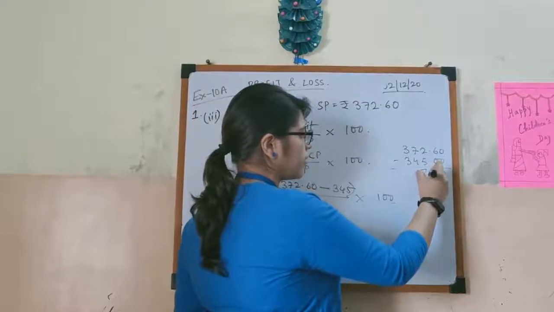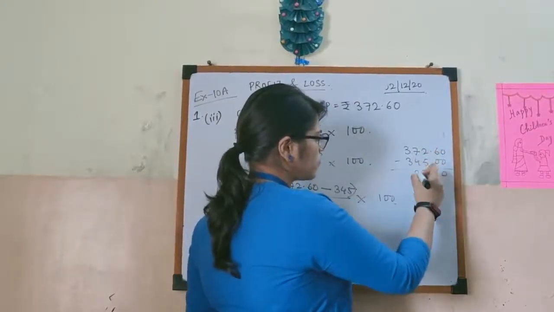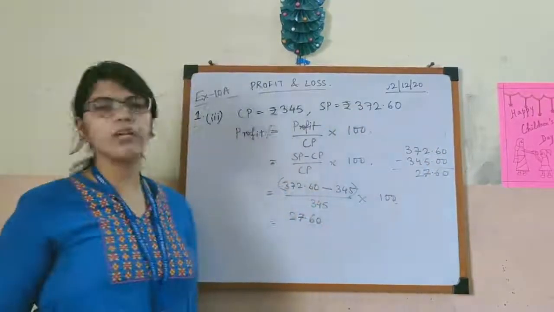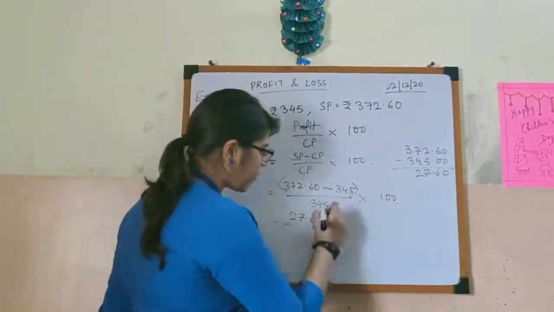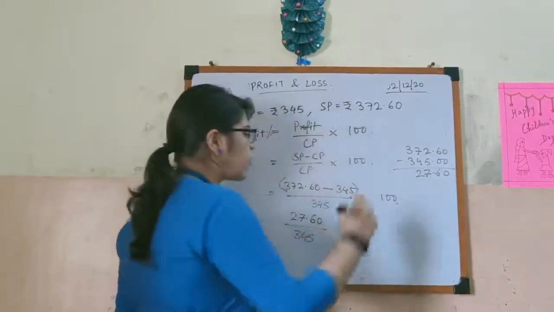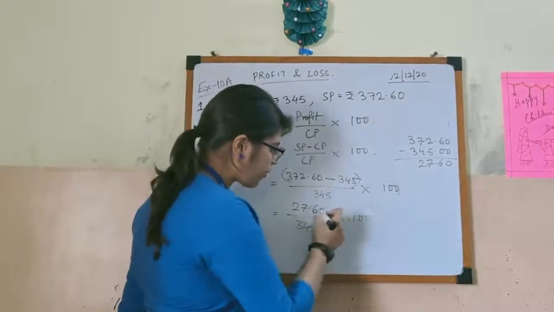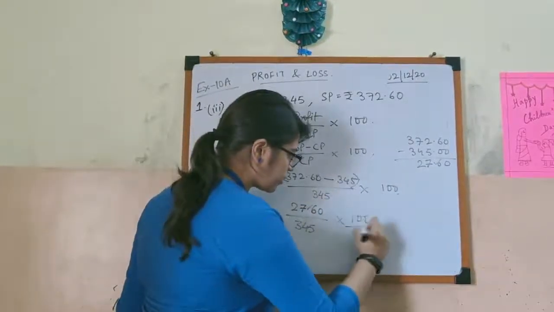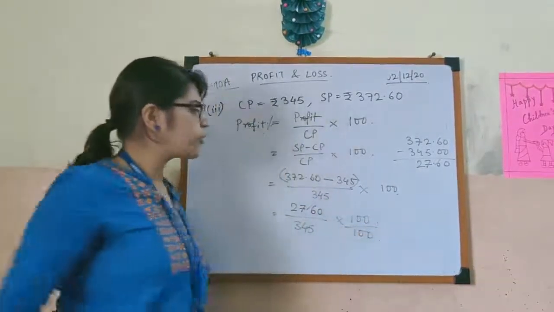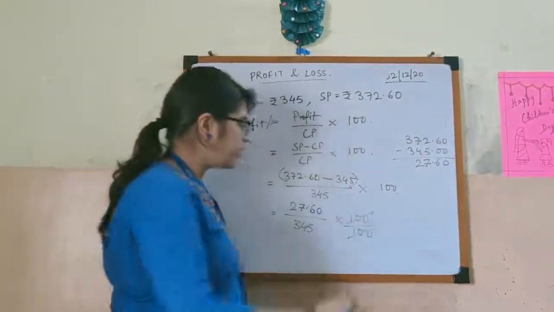Then 5 to 7 is 5 to 2 is 7, 2. Okay, so 27.60 divided by 345 into 100. Now if I want to remove the point, I have to divide this number with 100. So in the denominator also we are getting a 100. So this 100 and this 100 will cancel.